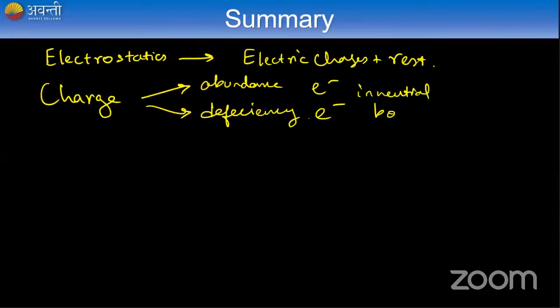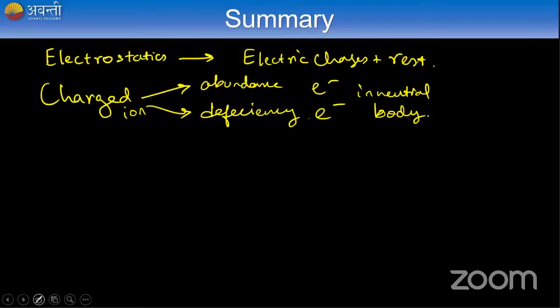For a charged ion, I should have an abundance of electrons or a deficiency of electrons. Say I have an abundance of electrons in a neutral body, what would I get? Tell me, guys. I would get a negative charge. If I have a deficiency of electrons, I would get a positive charge.